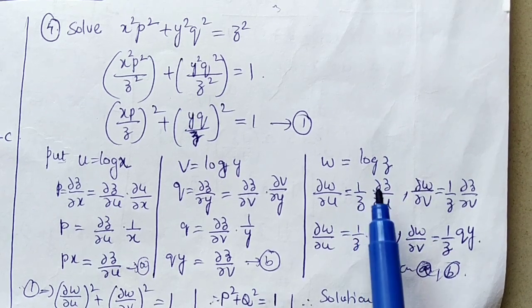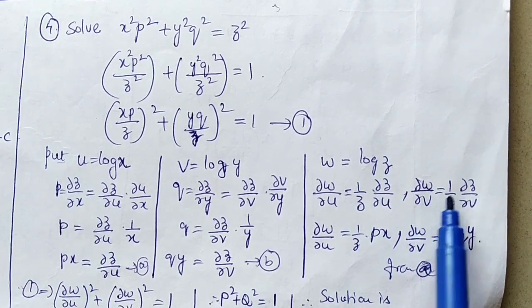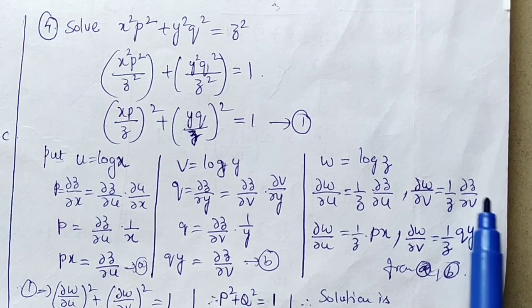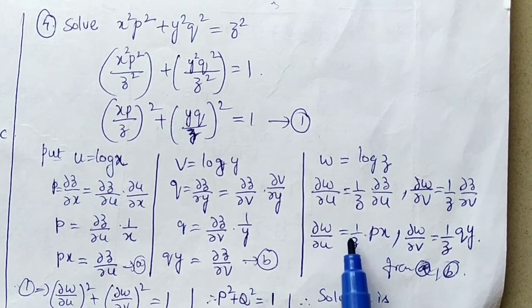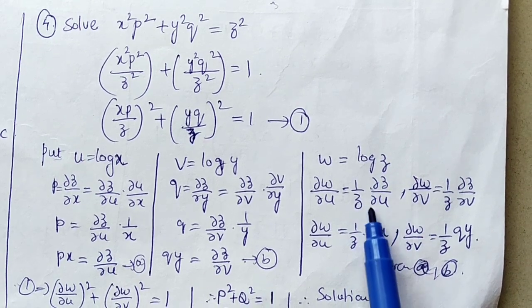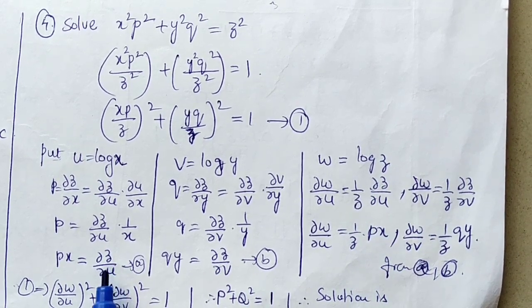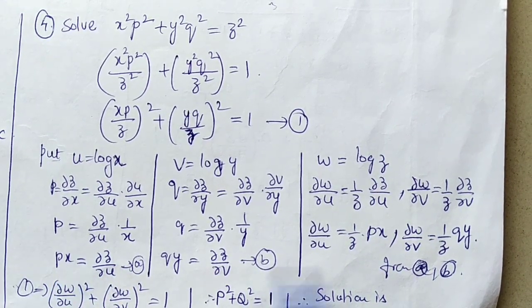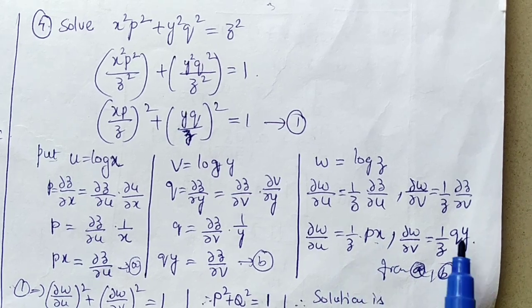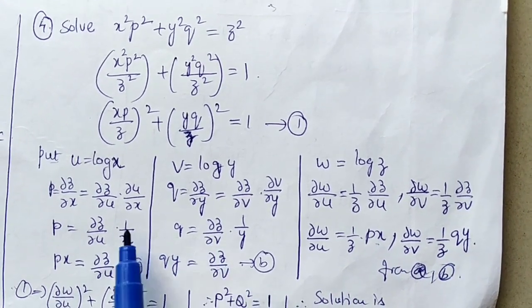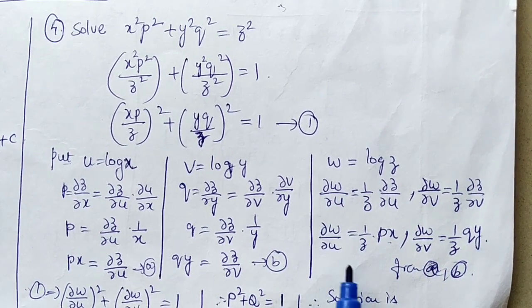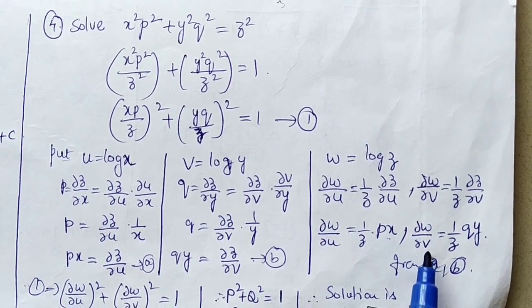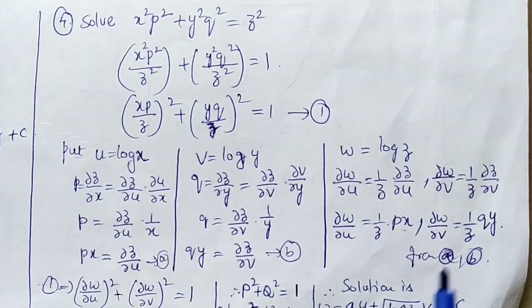Log z means 1 by z into ∂z/∂u, and ∂w/∂v equals 1 by z into ∂z/∂v. Therefore ∂w/∂u equals 1 by z into ∂z/∂u, which is px by z, and here qy by z. Calculate these two and substitute in the third one. So you will get the ∂w/∂u and ∂w/∂v values.